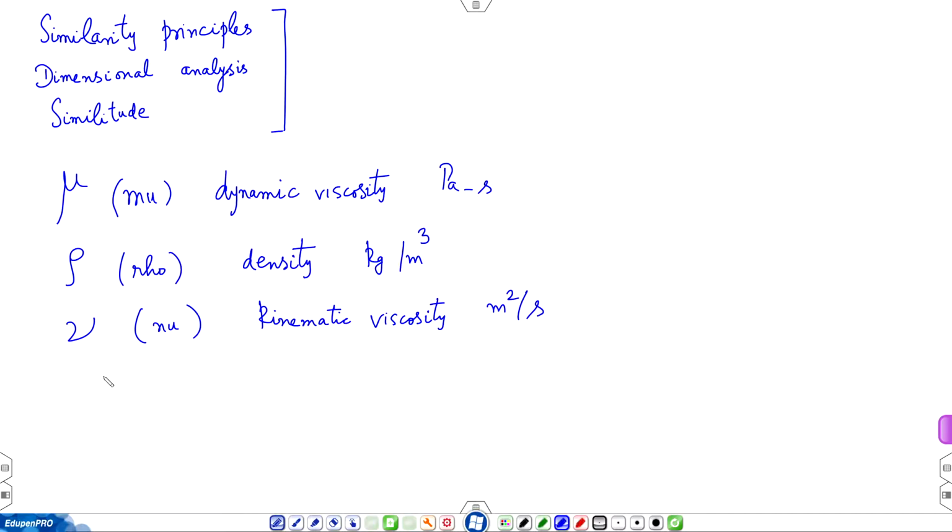So, they have their own units. This is sigma, and we have called it the stress tensor, in units of pascals, which is Newton per meter square.